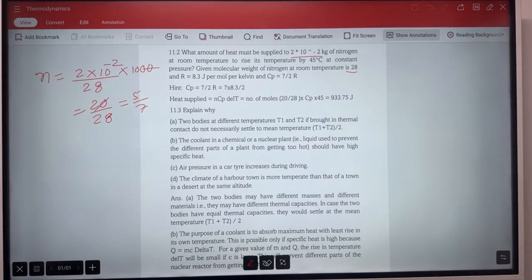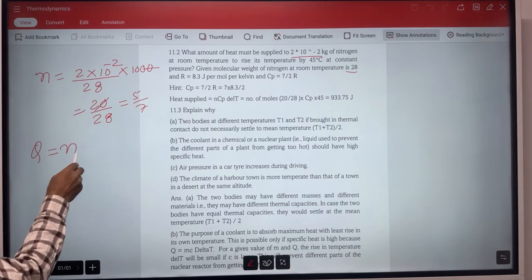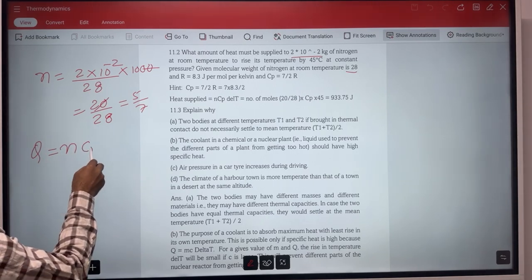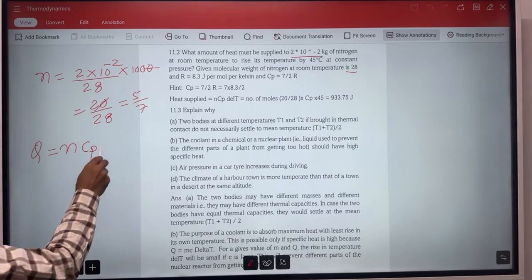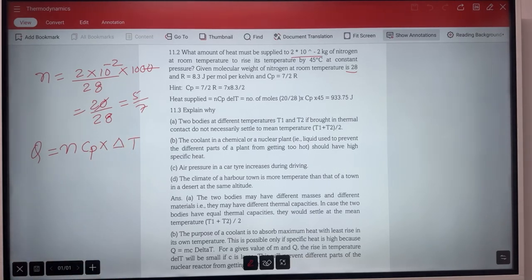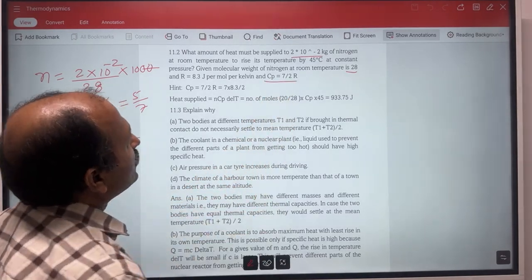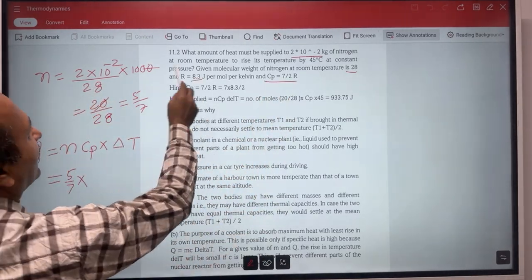And now what more, heat supplied we have to find out. So Q is equal to n times Cp, specific heat at constant pressure, and then change in temperature we need. So n is 5 by 7 and the Cp, specific heat, is given 7 by 2 R, where R is 8.3.